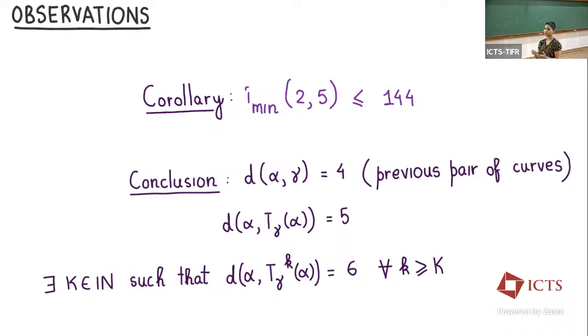So I give a theorem which says that, okay, for this kind of curves, maybe it'll be 5 and 6, but exactly when, I don't know. Yeah, this argument works for any alpha gamma, so I hope that answers.